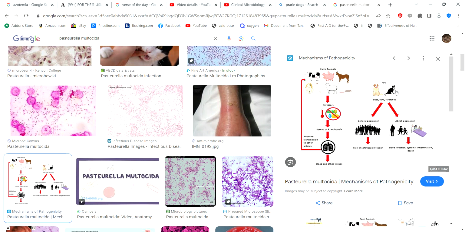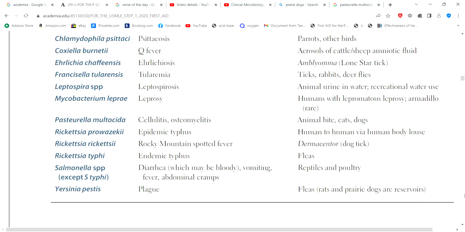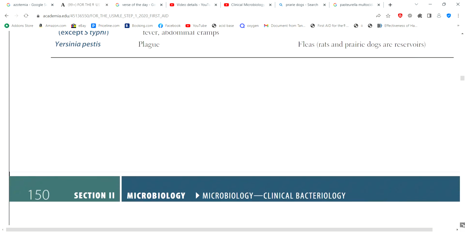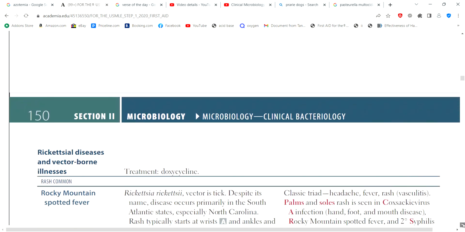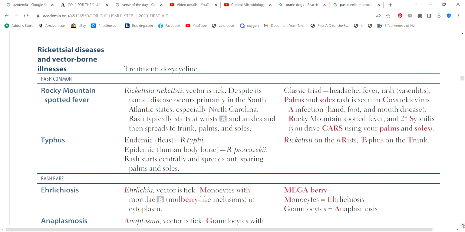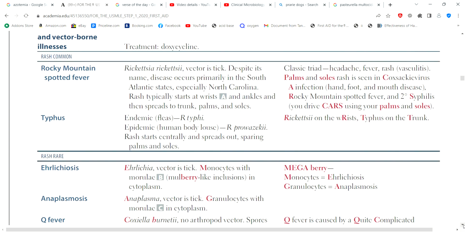So we're going to quickly go through the last page of First Aid right here: Rickettsial disease and vector-borne illnesses. Treatment is doxycycline, so you always think of doxycycline when you talk about Rickettsia. Rocky Mountain spotted fever is caused by Rickettsia.